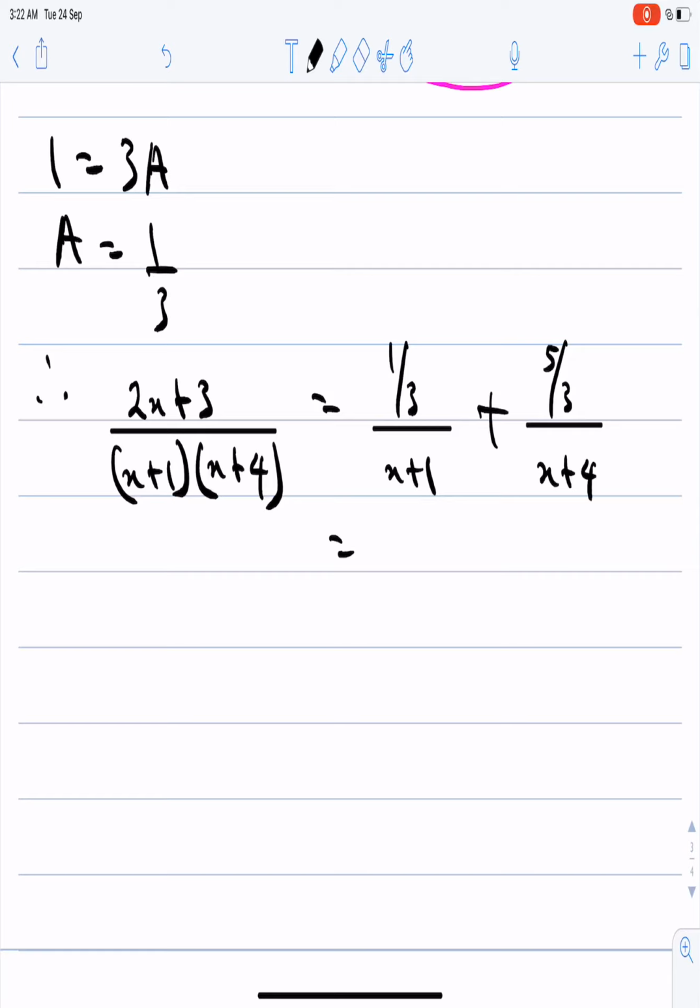And this is the same as 1 over 3 times x plus 1 plus 5 over 3 times x plus 4. And that's it simply.